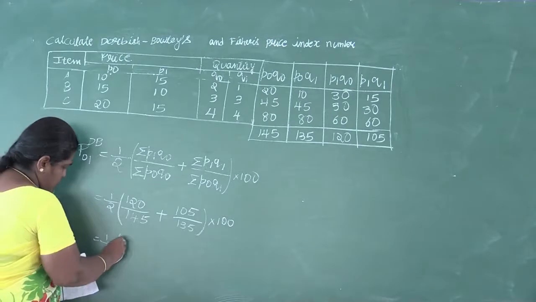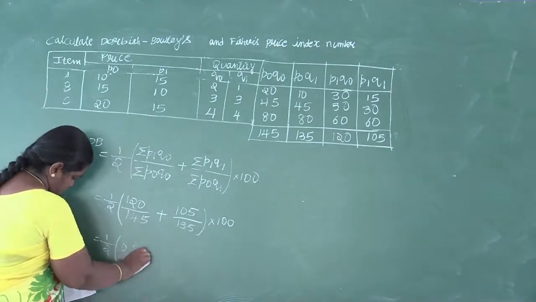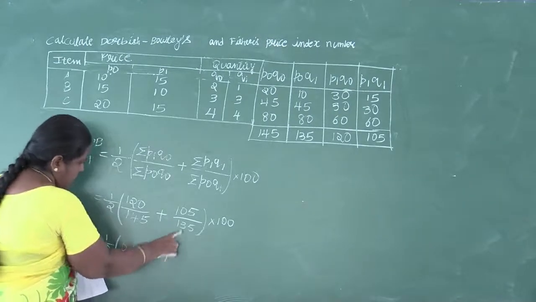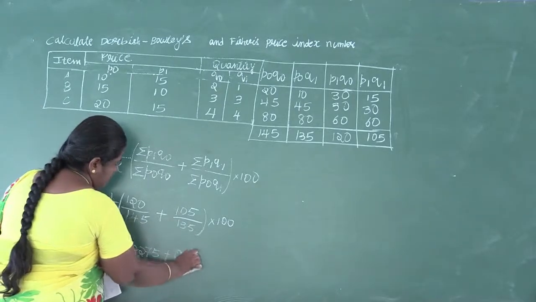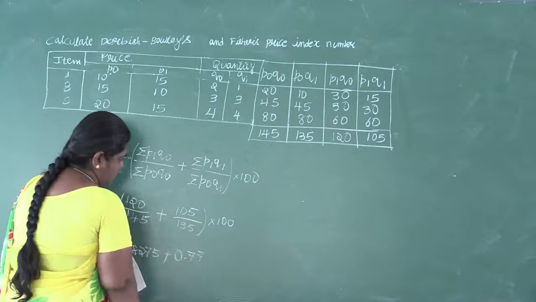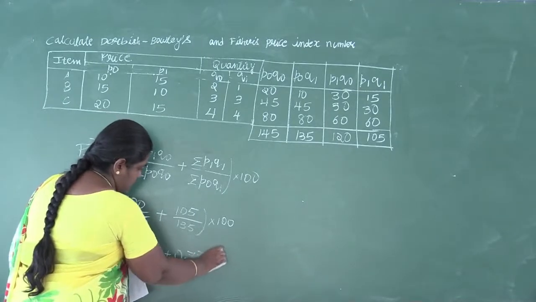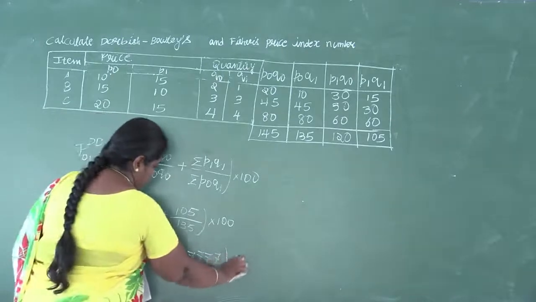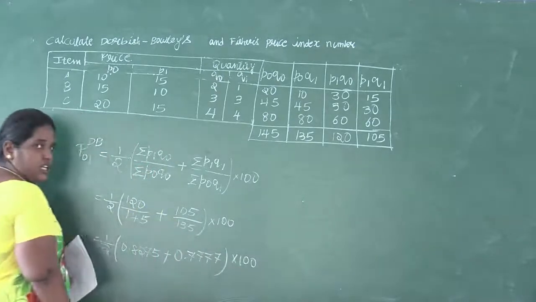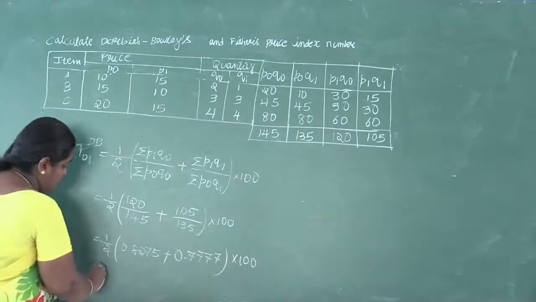So now first you have to divide 120 and 145. We'll get 0.8275. Then you have to divide 105 and 135. So you'll get 0.7777 into 100. After decimal, I am taking 4 numbers for each one.